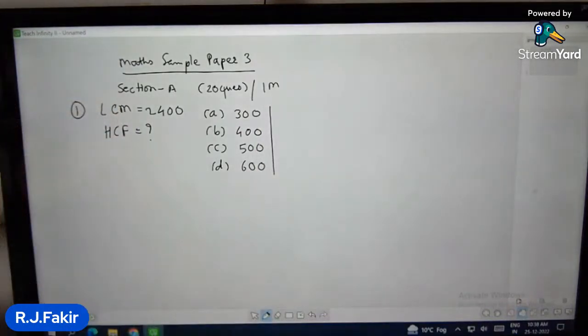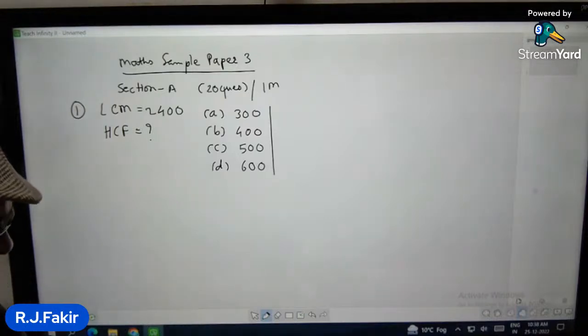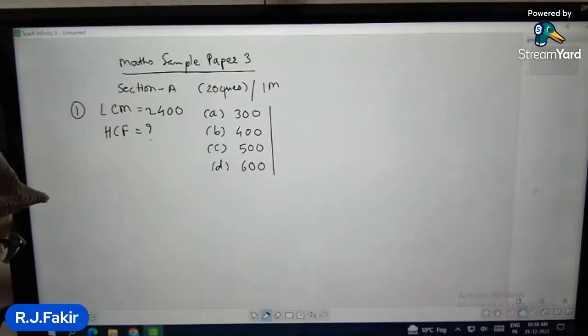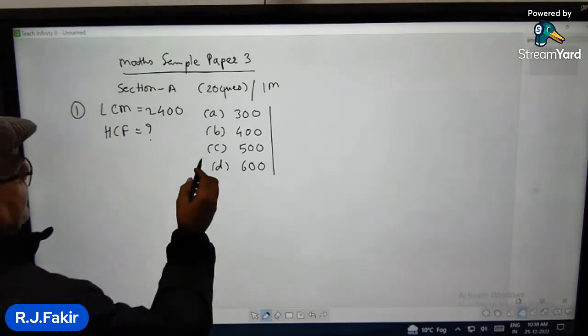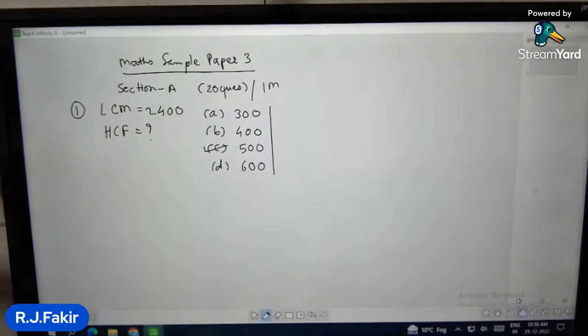So how can we decide which of the following is not going to be the HCF of the given two numbers? Only LCM is given. In this one, you can see that option C is correct. It cannot be the HCF of the given two numbers.